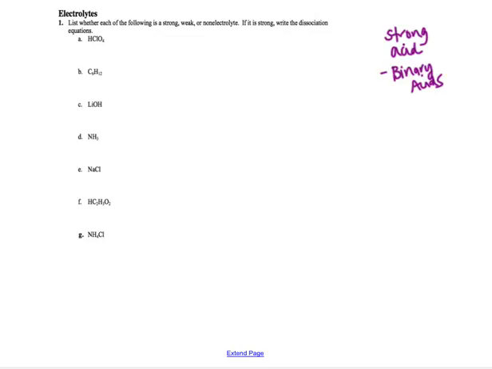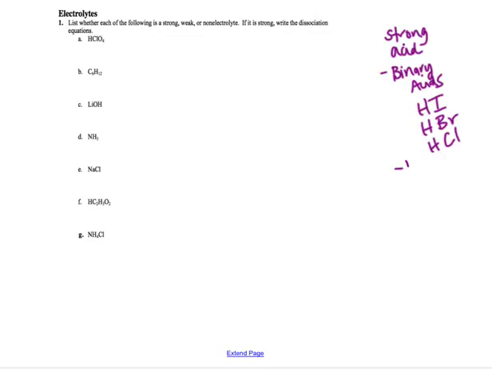HCl, HBr, and HI. The way I taught it is, we know that diatomics are I bring clay for our new house, right? Well, the binary acids that are strong are just I bring clay. Those are my 3 strong binary acids.